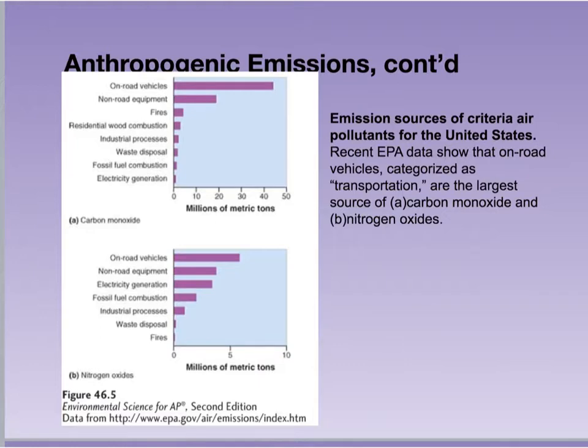We'll just say in general, in metric tons. And then it starts to be separated by carbon monoxide and nitrogen oxides and sulfur oxides further down. There is a limit. It's not that they can't produce these pollutants, but they all have a specific amount that they can put into the actual atmosphere.